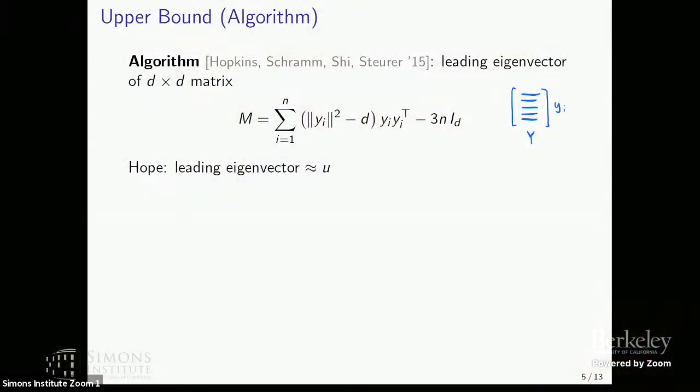Good, okay. So what is the algorithm? It's some kind of spectral method. You build some weird matrix and you take its leading eigenvector, and you hope that this leading eigenvector will be close to U. This is the same algorithm from HSSS, except for this extra normalization term, which is not so important.